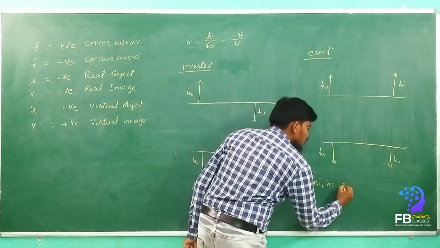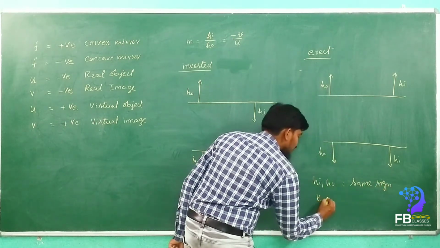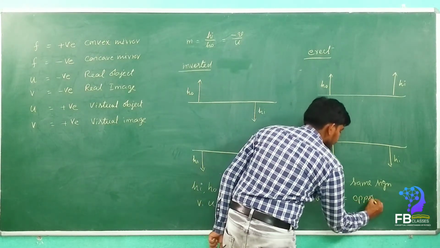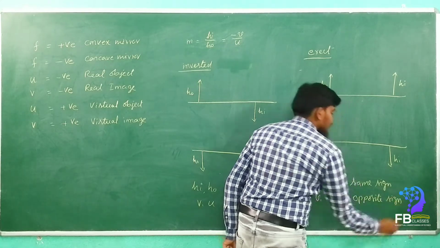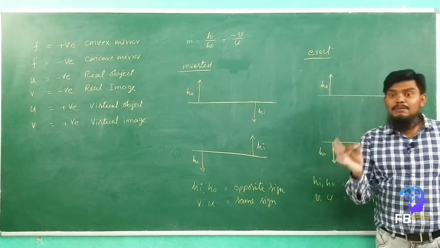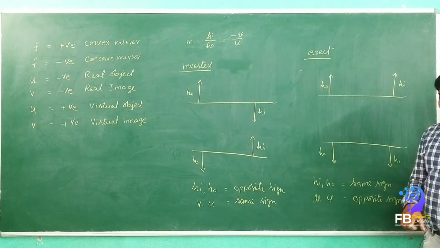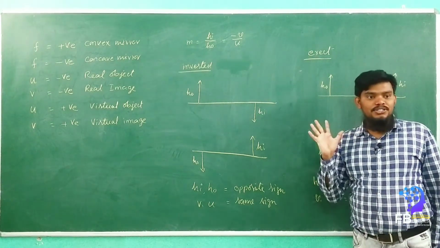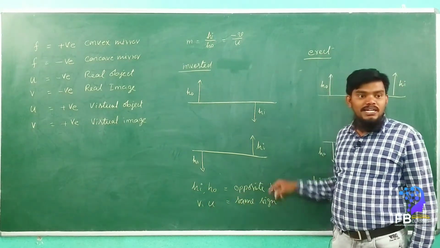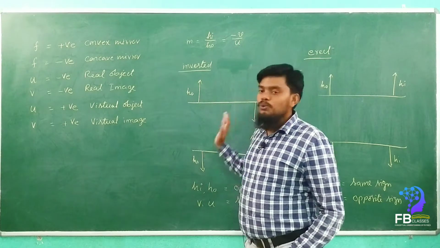Hi comma ho is the same sign, and v comma u is the opposite sign. Got it? So whenever hi and ho come as the same sign, or v comma u come as the opposite sign, then the image is erect. And if hi and ho come as the opposite sign and v and u come as the same sign, then the image is inverted. So these are all the things we have to remember.